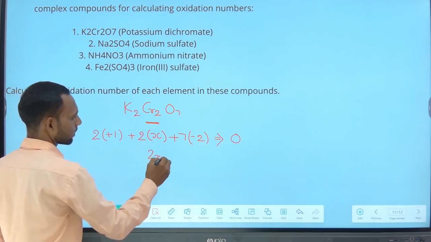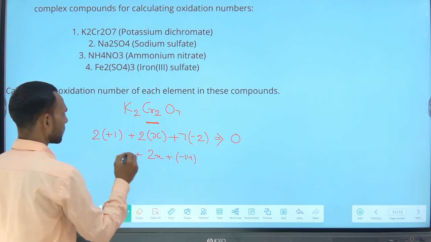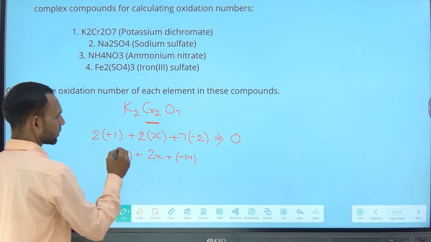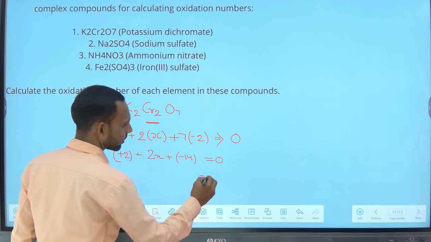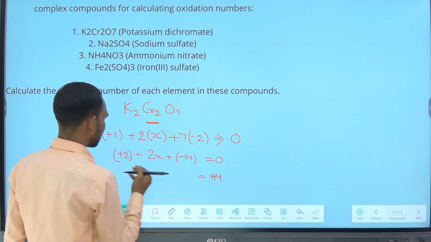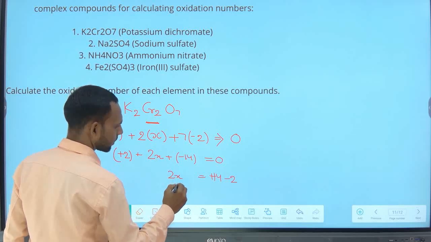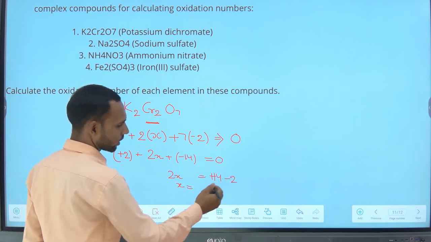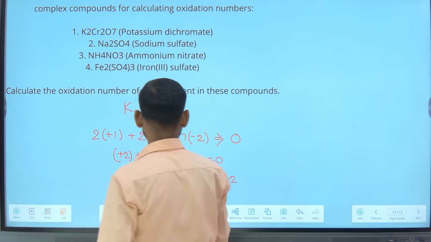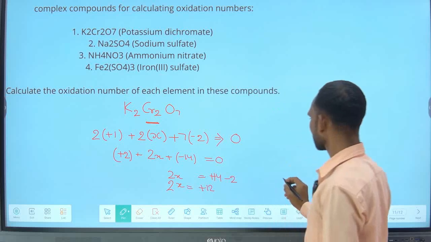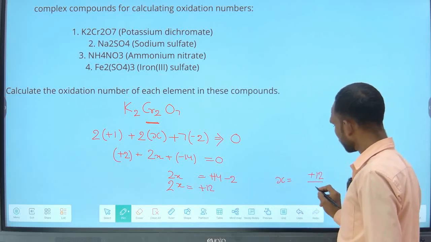2X plus 7 × (-2), which is -14, plus 2 × 1, which is +2, equals 0. Moving -14 to the left side gives +14, and the +2 gives -2, so 2X equals +14 -2, equals +12. X equals +12 upon 2.